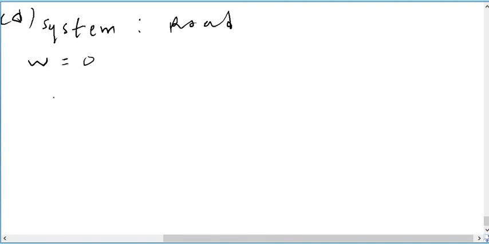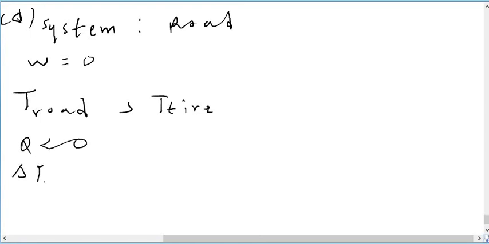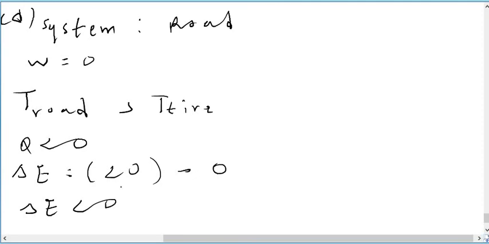Heat is generated between the tire and the road at standard condition, so the temperature of the road is greater than the temperature of the tire. It's common sense. So there will be a Q, that is heat out, heat is released, therefore the heat is less than 0. So we apply the first law, that is Q, something less than 0, minus the work which is 0, so dE is less than 0.